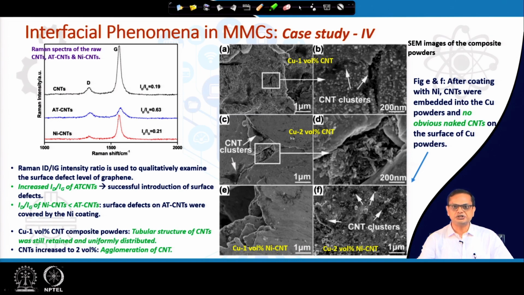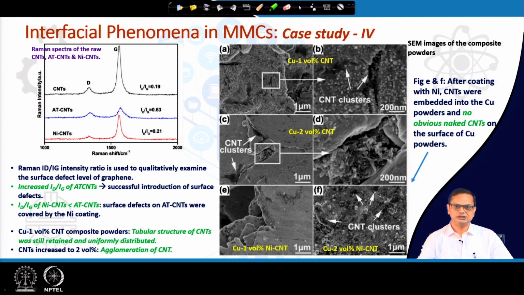So, if you compare these two, initially when you have 1 volume percent CNT, the CNTs are well distributed, as you can see clearly. These CNTs are obviously acid treated CNTs. You can see those are nicely distributed. Yes, you can see some clusters, but more or less they are distributed well in the matrix powder.